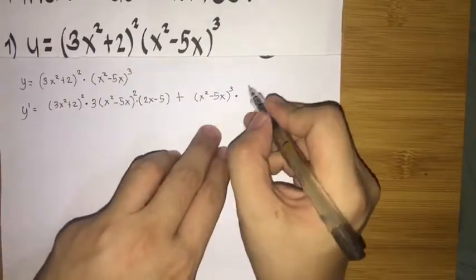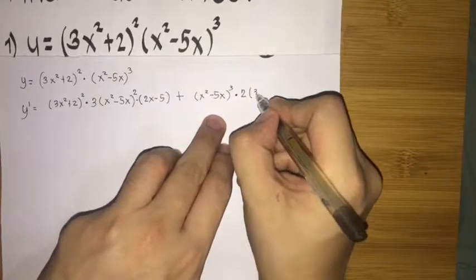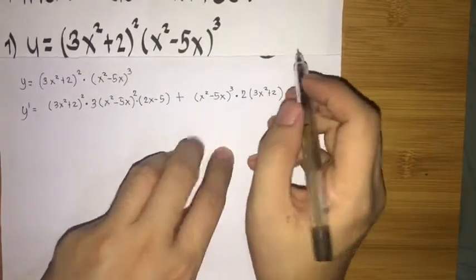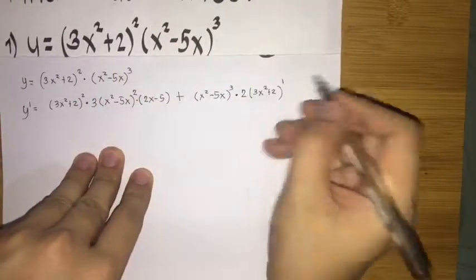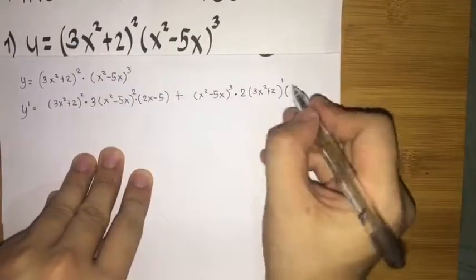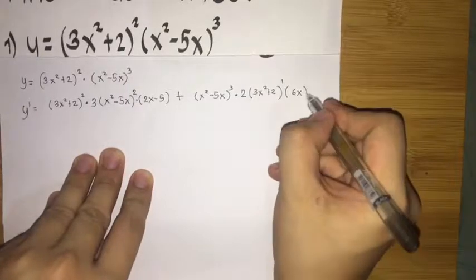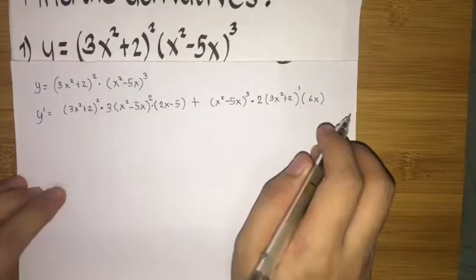So differentiating it, we have 2 times, copy the inside, 3x squared plus 2, then subtract 1 from this exponent of 2, so we still have 1, then multiply it by the derivative of the inside, which is 6x. Okay, so we're done with the differentiation.